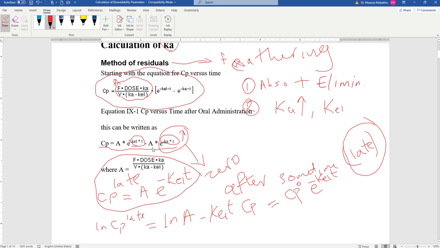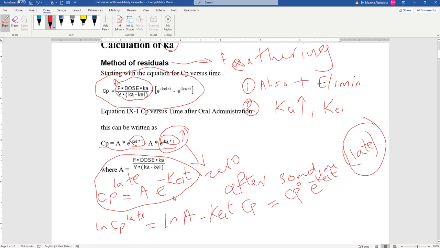As time passes, the concentration first will increase and then will decrease, right? So if she puts these data points on semilog paper, she will see that after some time, usually after the peak concentration, the data points fit into a straight line.